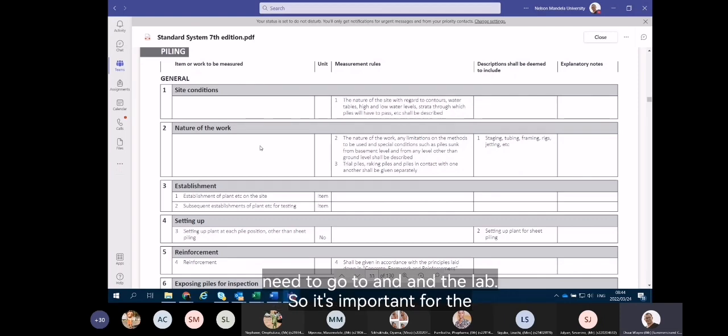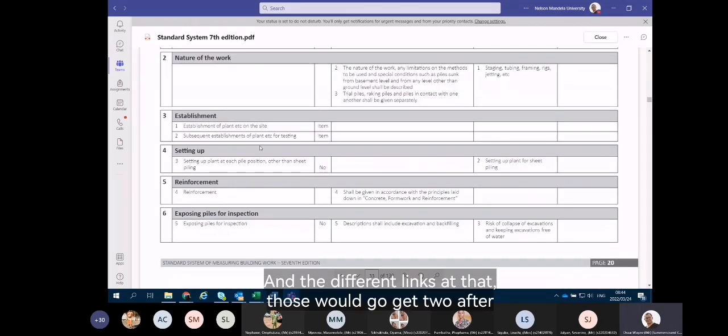So it's important that we know the setting up of our piles. One of the important aspects is that we indicate how many piles need to be drilled and the different lengths that those would get to.